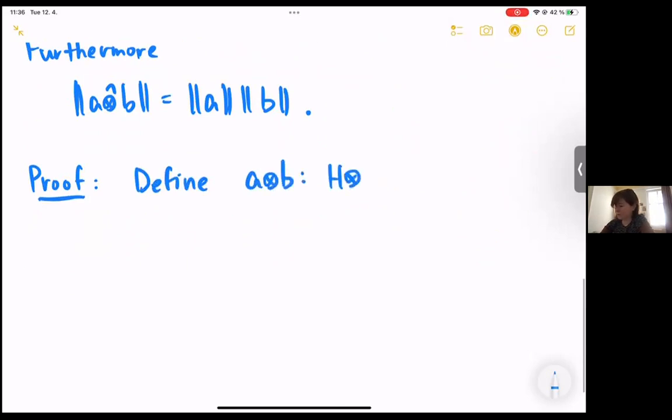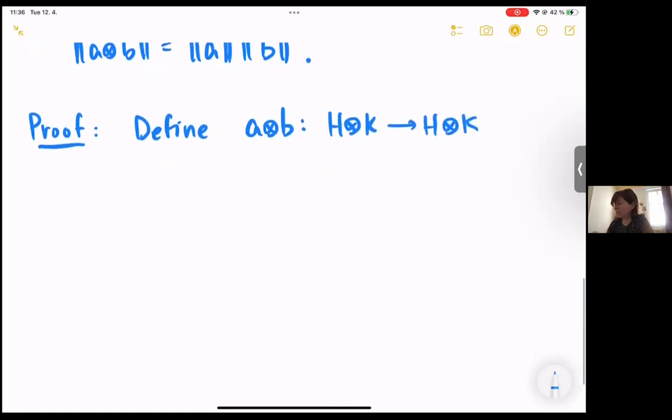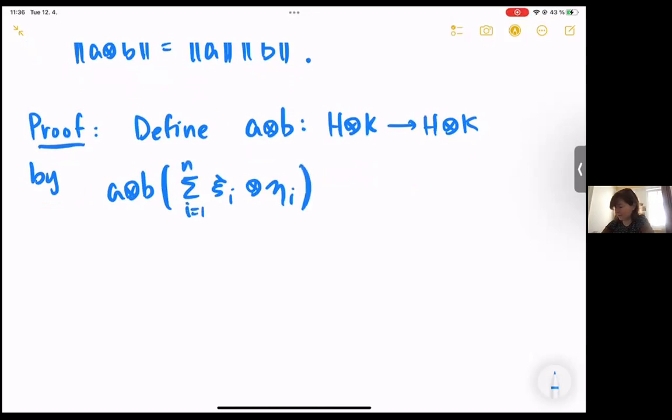So first we'll define an operator on the uncompleted tensor product in the obvious way. So if we have some element in our vector space tensor product, then it's just going to be a finite sum of simple tensors. So for some n, we have something like this, and we'll define this to be the corresponding sum.